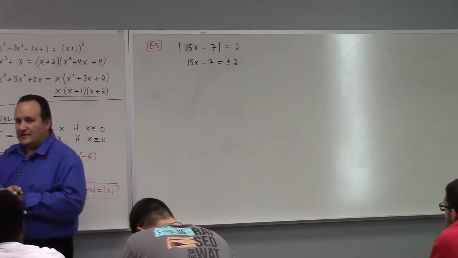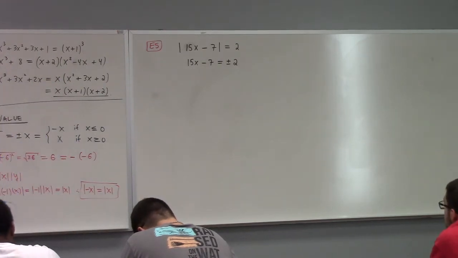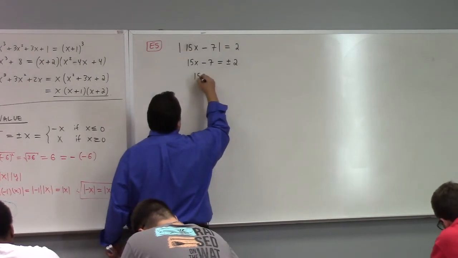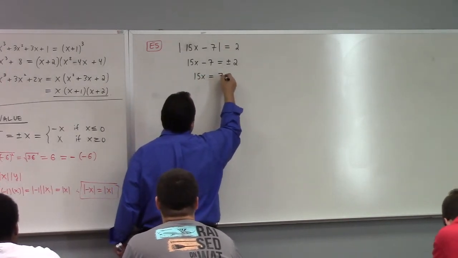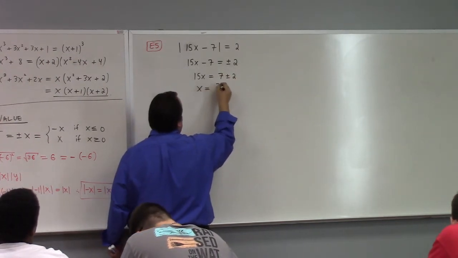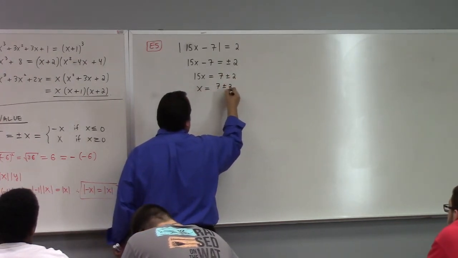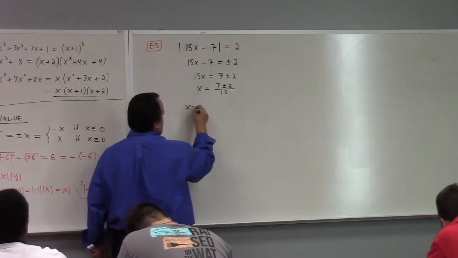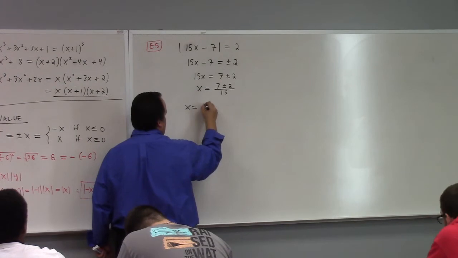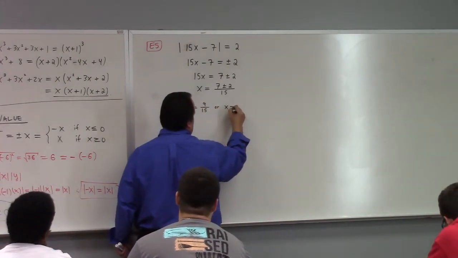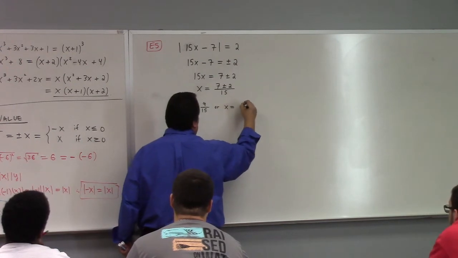I can use the plus or minus notation to do both problems at once. This gives me 15x is equal to 7 plus or minus 2. So x is equal to 7 plus or minus 2, divided by 15. That means x is equal to 7 plus 2, which is 9/15, or x is equal to 7 minus 2, which is 5/15.